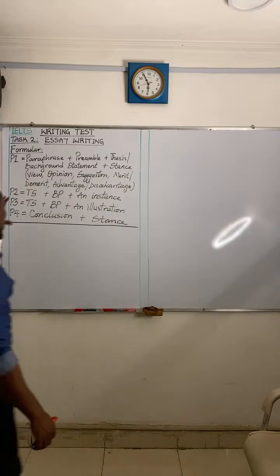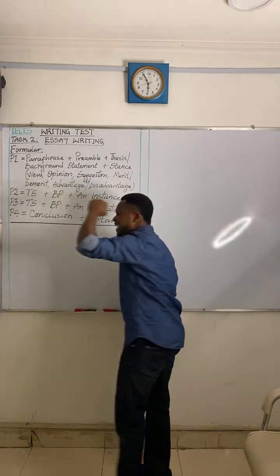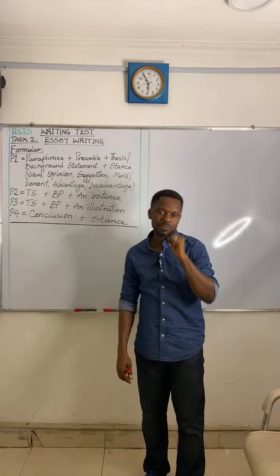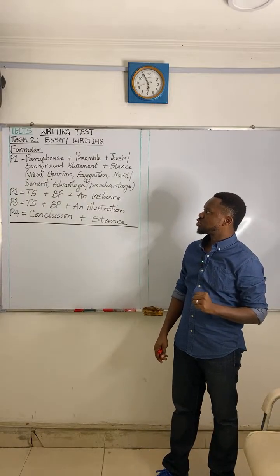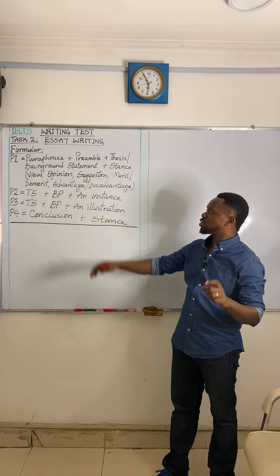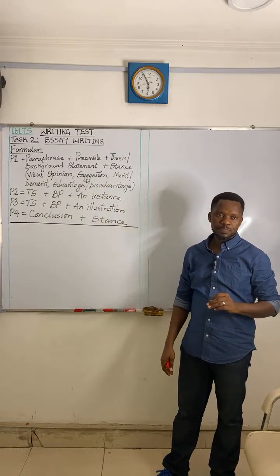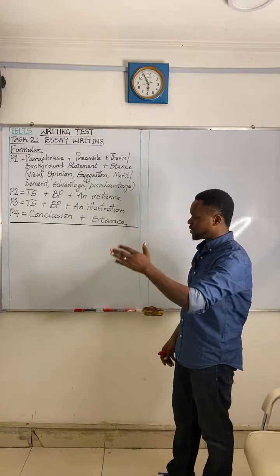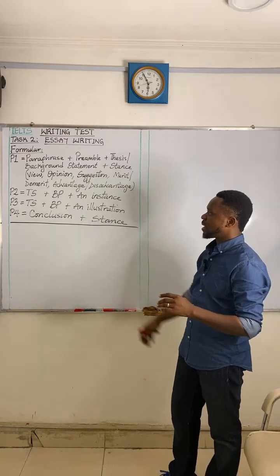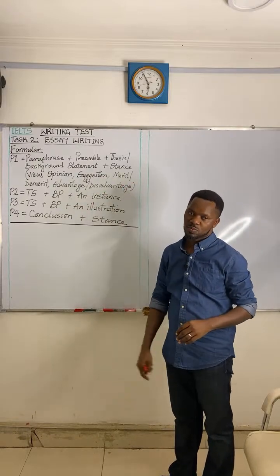So, your paragraph 1 is the engine room of your essay. A lot of experts, IELTS experts, tutors will say paragraph 1 is an introductory paragraph. So it gives a clear vision or insight about what you will be doing.